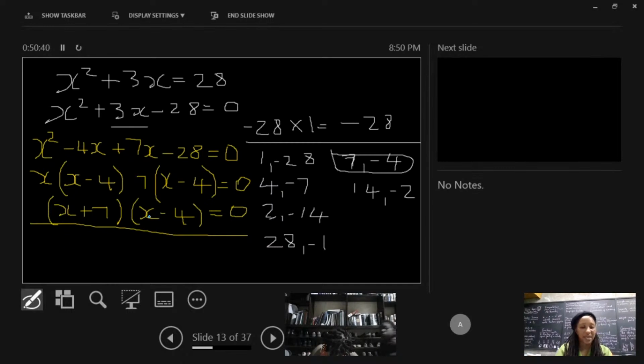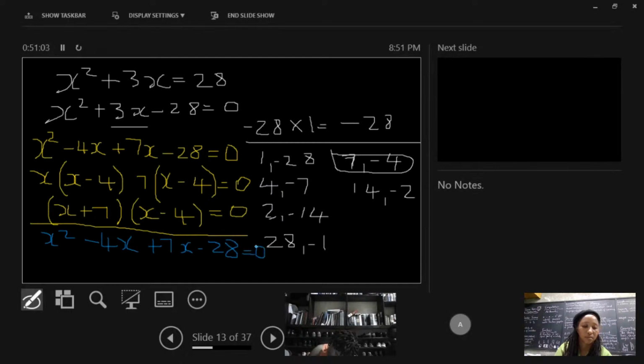So x times x would be x squared. x times negative 4 is negative 4x. 7 times x is 7x. 7 times negative 4 is negative 28, equals 0.